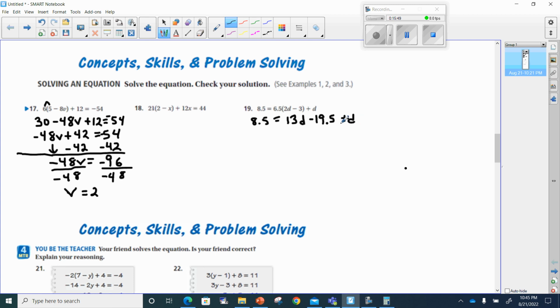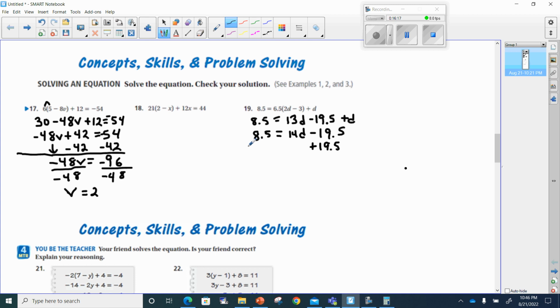All right, so I'm going to go to this side. The like terms are with d. 13d plus d is 14d. Everything else comes down. I've got to get d by itself, so I'm going to add 19.5.